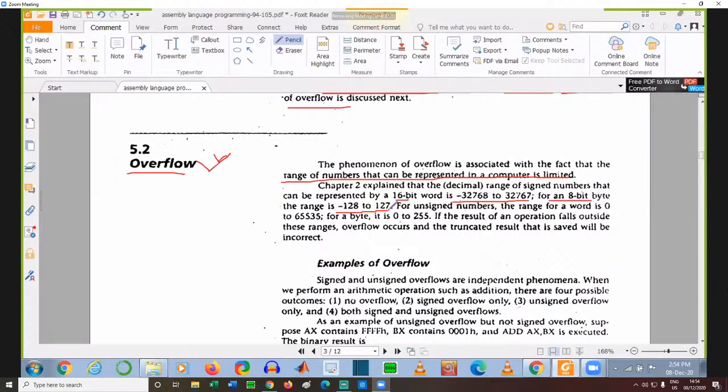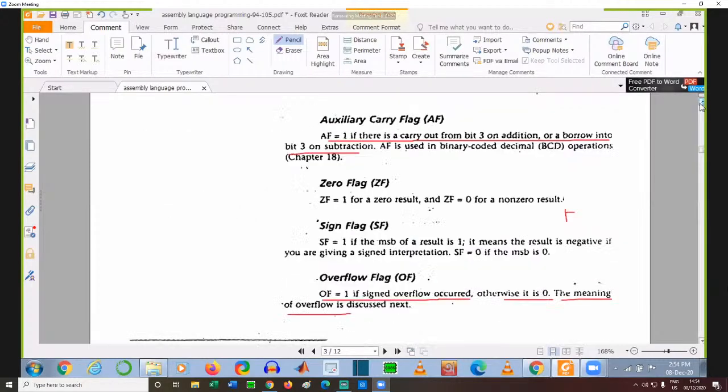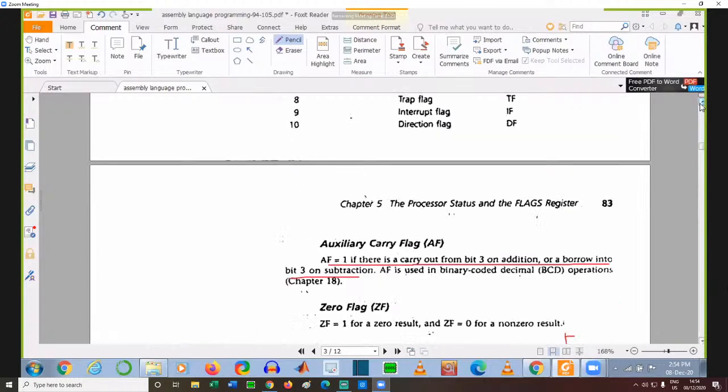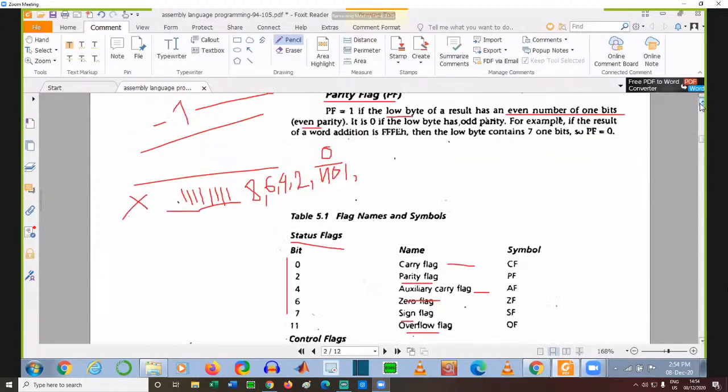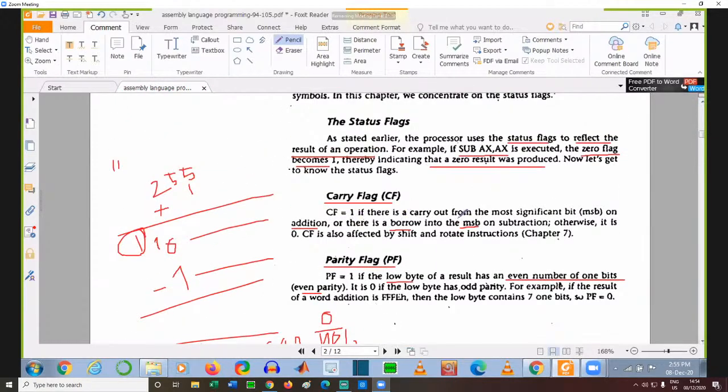They also talked about the unsigned range, but for overflow we don't count the unsigned range. The unsigned range we count for the carry flag. CF equals 1 if there is a carry out from the most significant bit on addition, or a borrow on subtraction.